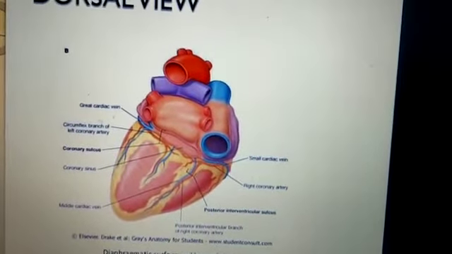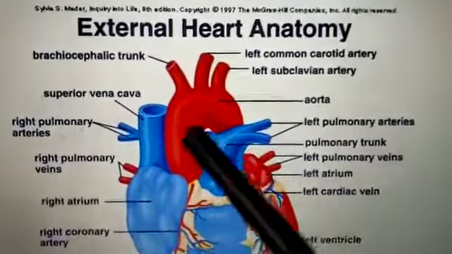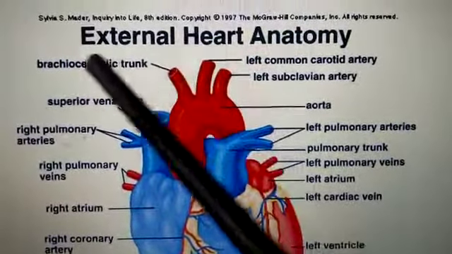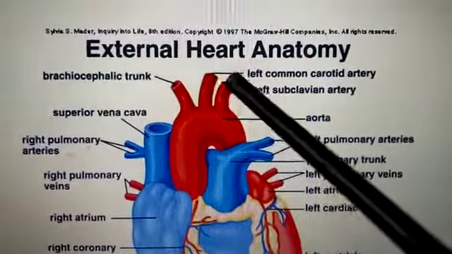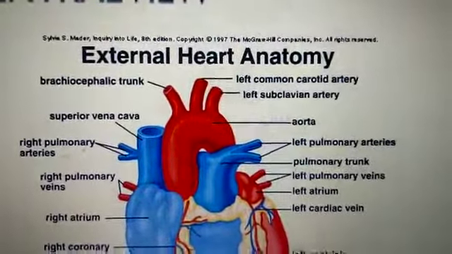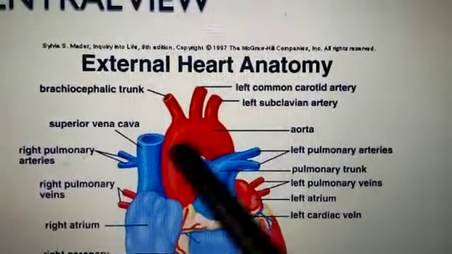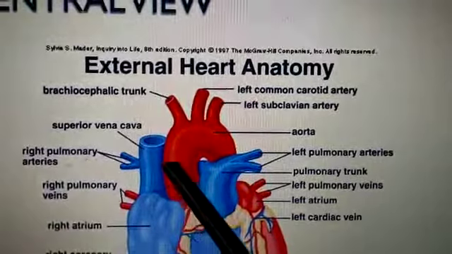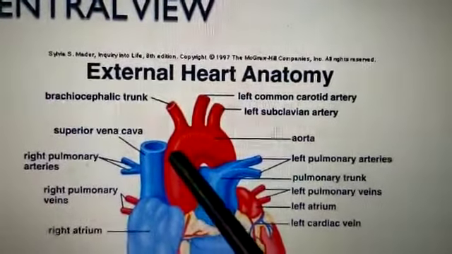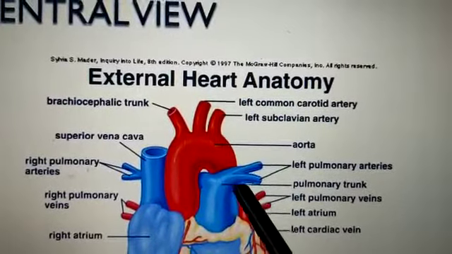Now if you will see again in the previous view, the systemic aorta shows three branches: brachiocephalic trunk, left common carotid artery, and left subclavian artery. The systemic aorta again shows here three parts: ascending, then systemic arch, and descending.